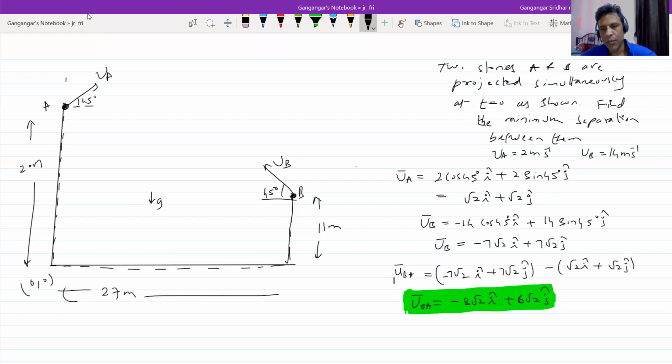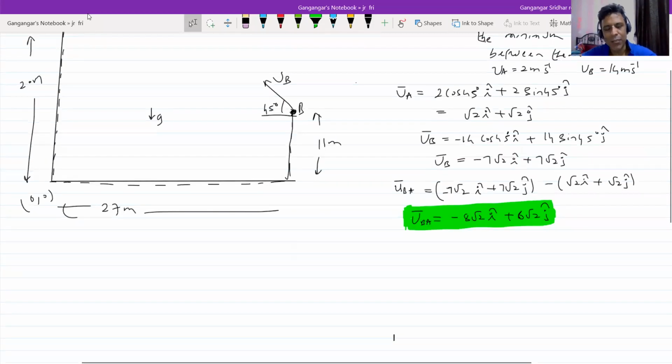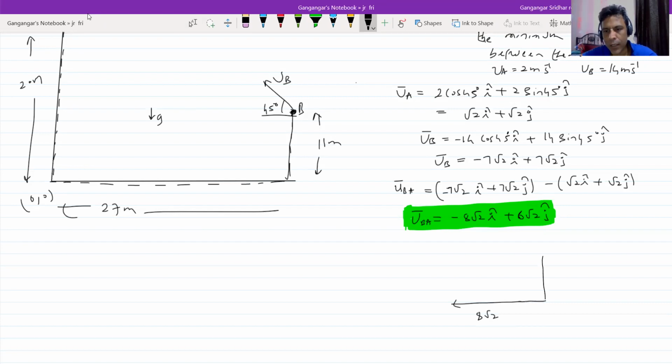So now, what is the method? We used to draw a triangle, no? Velocity triangle. So the velocity triangle is like this. This is 8 root 2, I should draw it below. And this is 6 root 2.